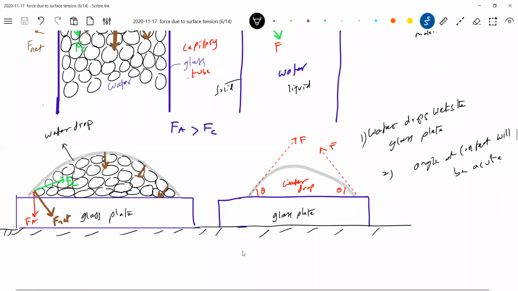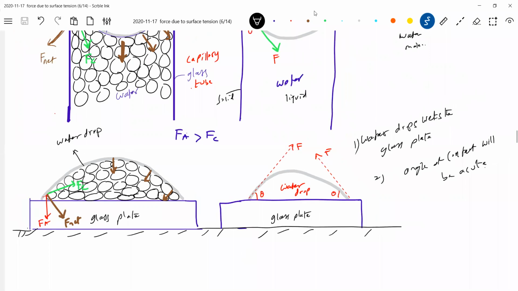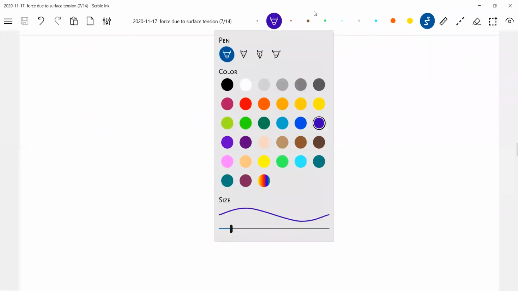Okay, similarly, we'll go for mercury. Now if I place mercury in a capillary tube, the shape will be, so this will be some rough shape I'm showing.